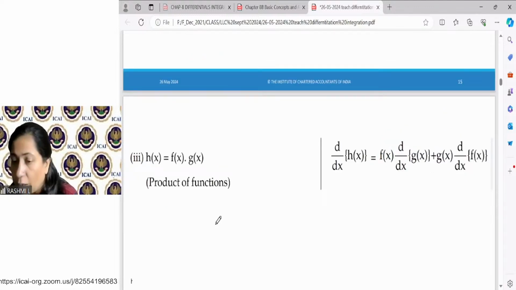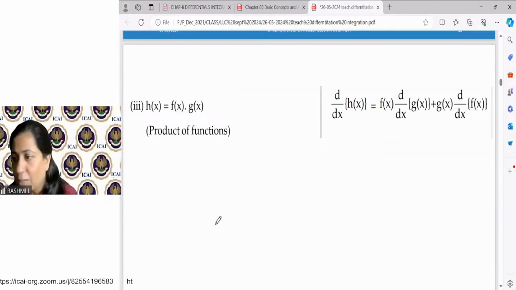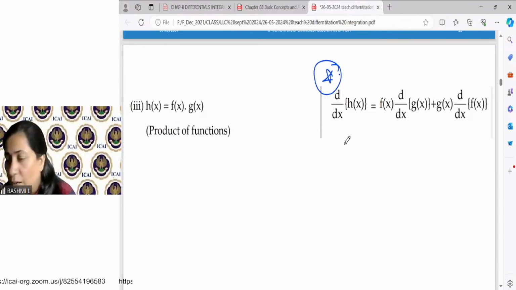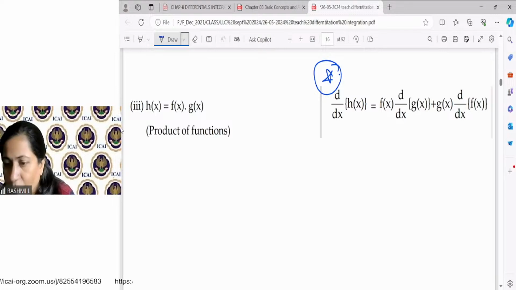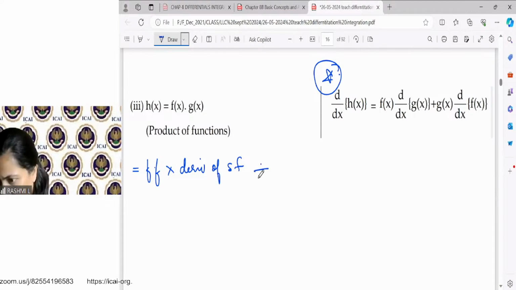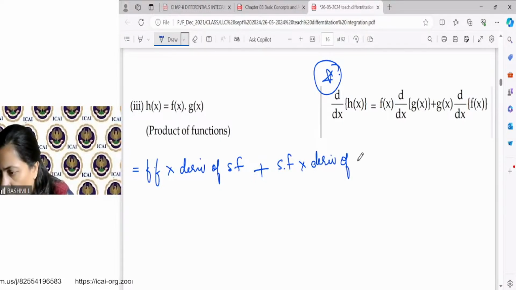What about if I have products? Now you have this. This is an important rule. If my h(x) is a multiplication of two functions, then the derivative will be equal to first function into derivative of second function plus second function into derivative of first function.